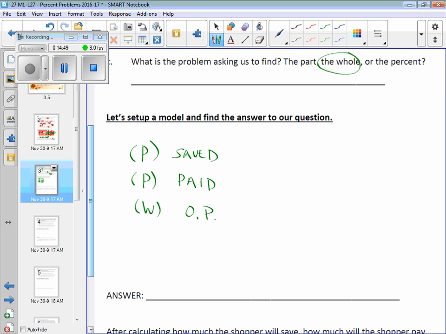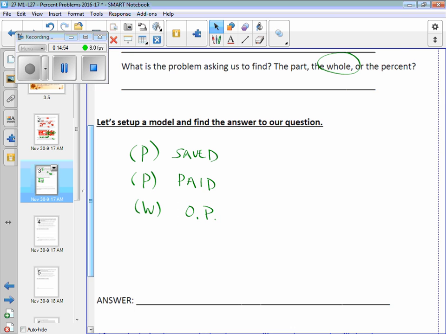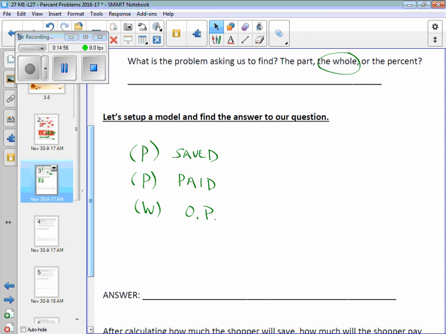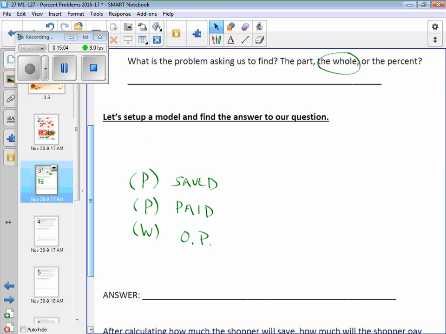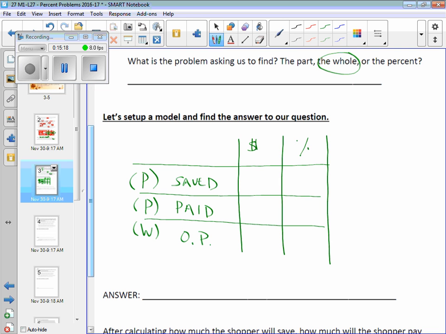And then you need a column for dollars and a column for percent. So it should look like that when you're done.